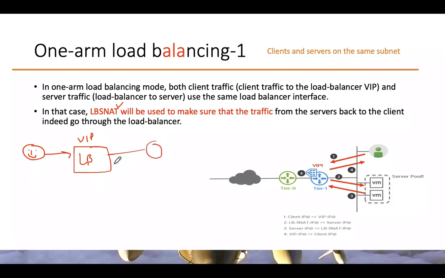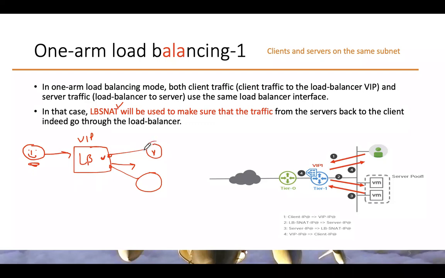And that's the server. If the user is trying to access the VIP through a load balancer, the load balancer changes the source IP of the user with its own IP and then sends traffic to the server. So when the server responds back, the destination IP will always be the load balancer.